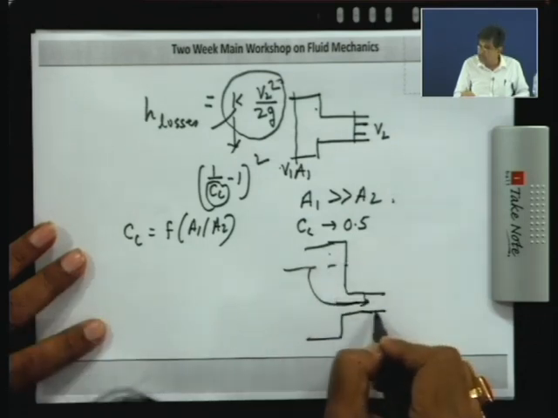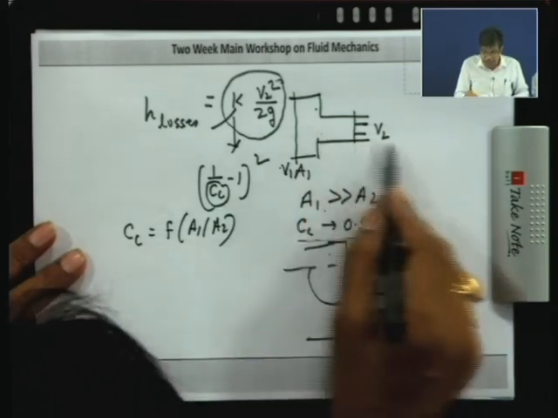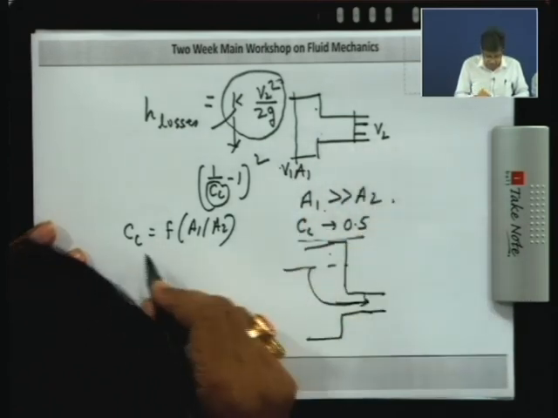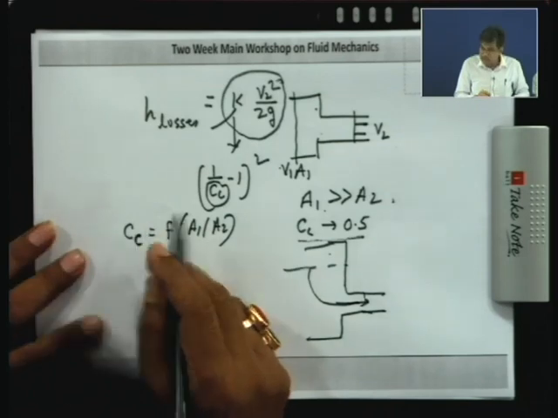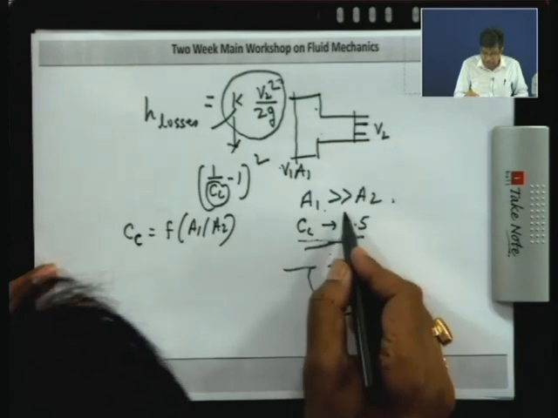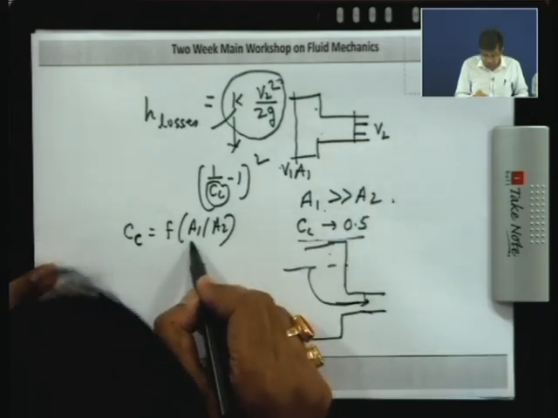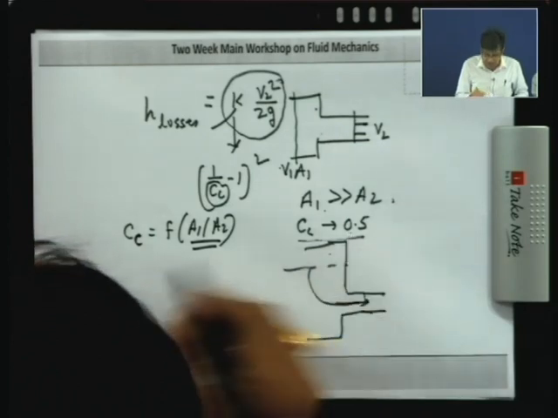This is known as physically the entrance. So entrance is simulated here when A1 is very much greater than A2, and we can find Cc with A1 by A2; when it tends to a very high value, then Cc is 0.5.